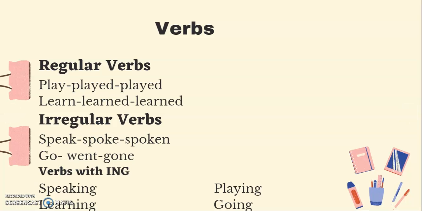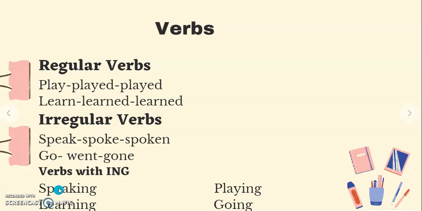Because we need to be careful when we are going to use it. Regular verbs and irregular verbs. As I told you, both regular and irregular verbs we can use in simple past, but we can't use them in dependent tenses, or the sentences or the situation that you are in.